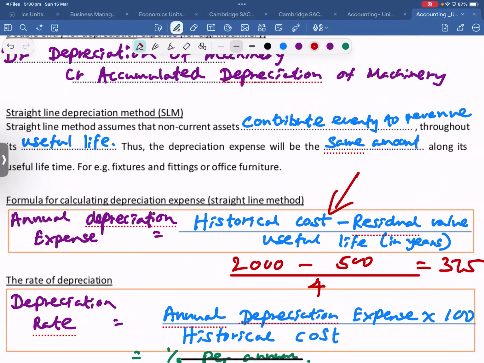Either way, you are going to get the same answer. In the exam, you will be examined for both. Firstly, you will be asked to calculate the annual depreciation expense using that formula. Secondly, you will be given the depreciation rate, and then you'll have to calculate the depreciation expense.